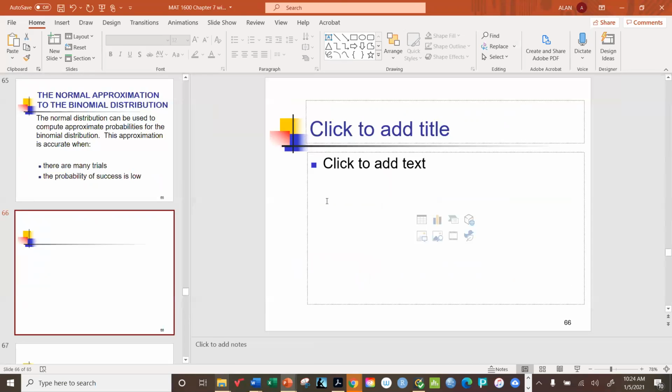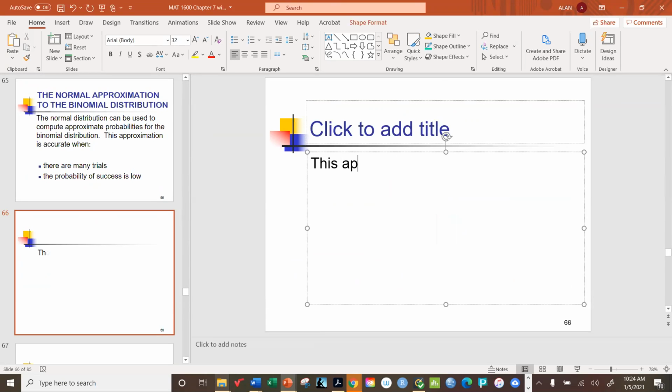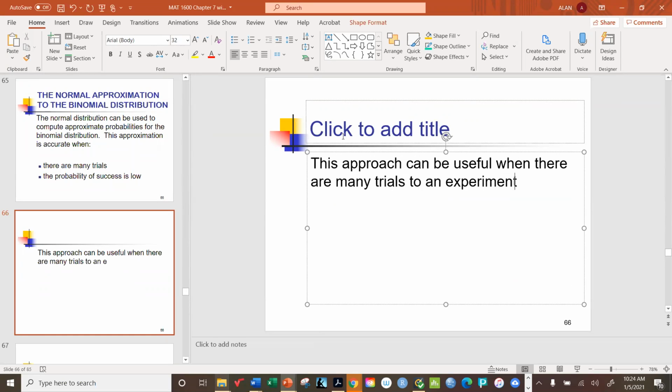So you're probably wondering, why would we ever want to do that? Okay, so just as a quick example, this approach can be useful when there are many trials to an experiment. For example, suppose a coin is flipped 100 times.